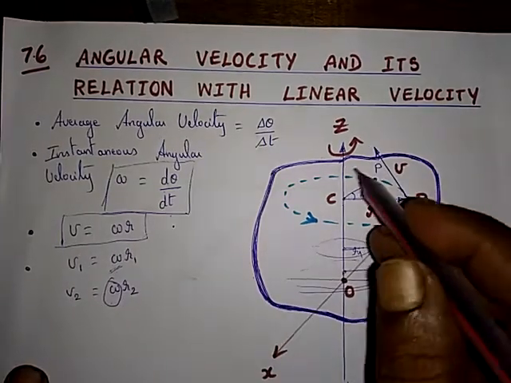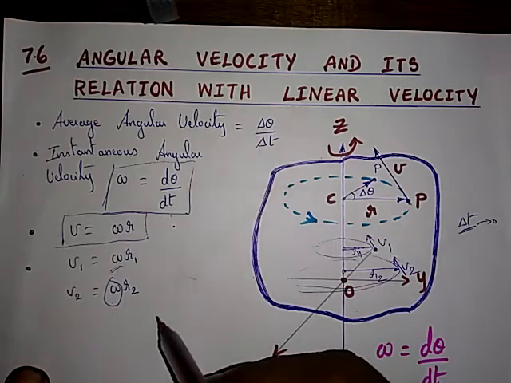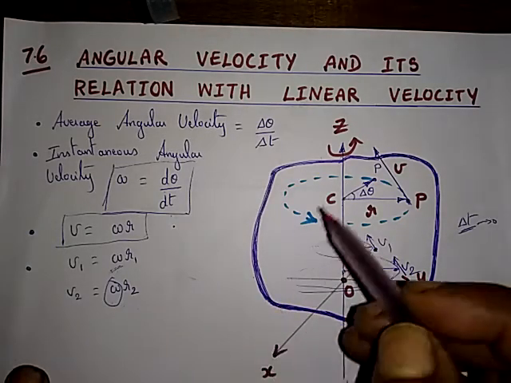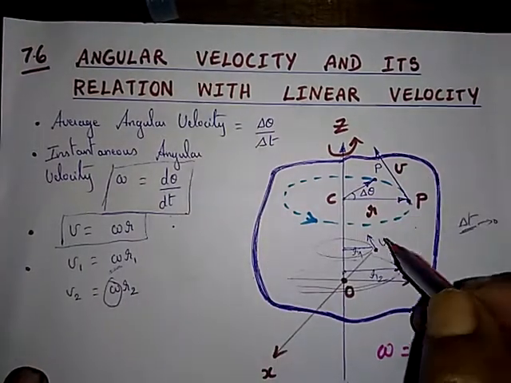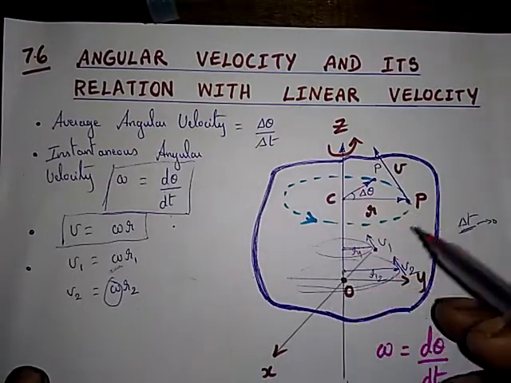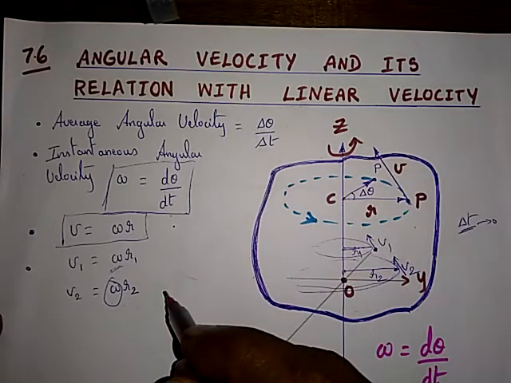For different particles at different radii, we have the relations v1 is equal to omega r1, v2 is equal to omega r2, v3 is equal to omega r3, and likewise it keeps on going. That means the velocity of an individual particle in a solid rigid body depends on the radius from the axis of rotation. This you have to keep in mind.